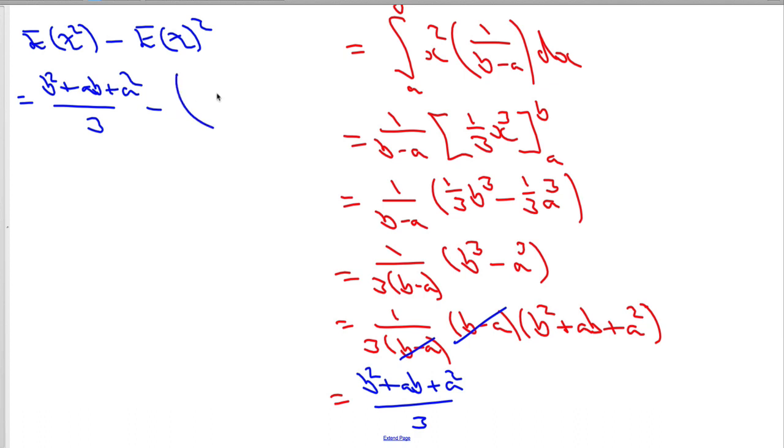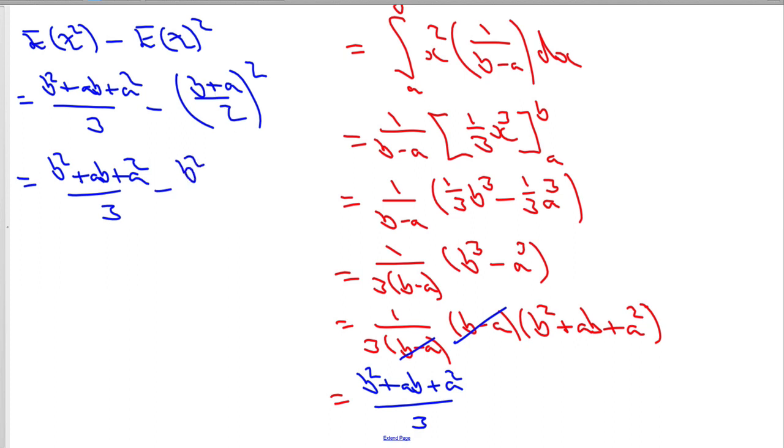So we should remember that from previous. So b plus a all over 2, and that needs to be squared. Okay, so we get b squared plus ab plus a squared all over 3 minus, and then squaring this out, we're going to get b squared plus 2ab plus a squared all over 4.